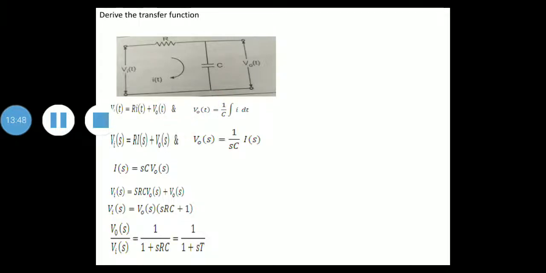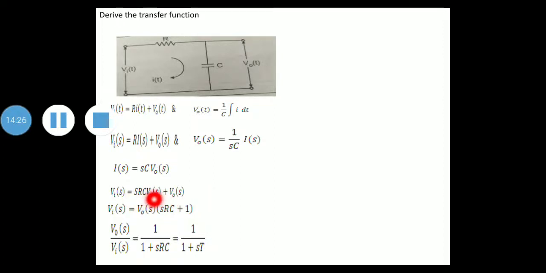Now we take the Laplace transform. Vi(s) is equal to R I(s) plus V0(s), and V0(s) is equal to 1 by sC I(s). So I(s) we can write as sC V0(s). So Vi(s) will become equal to sRC V0(s) plus V0(s). Taking V0(s) common, what remains is 1 plus sRC.